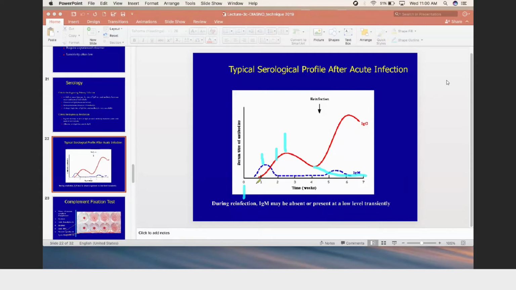For vaccination it is the same. You give, let's say, a vaccination here, and it looks like this. But if you don't give another booster, another injection, you wouldn't get a higher level of IgG response. That's why when you go to the hospital clinics for hepatitis B vaccination, after 1 month, 2 months, they ask you to come back and give you another booster.